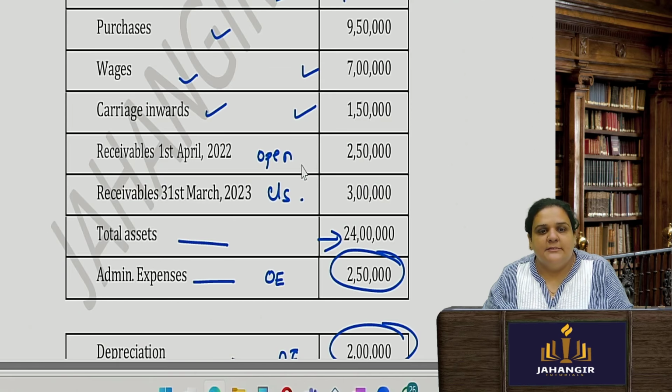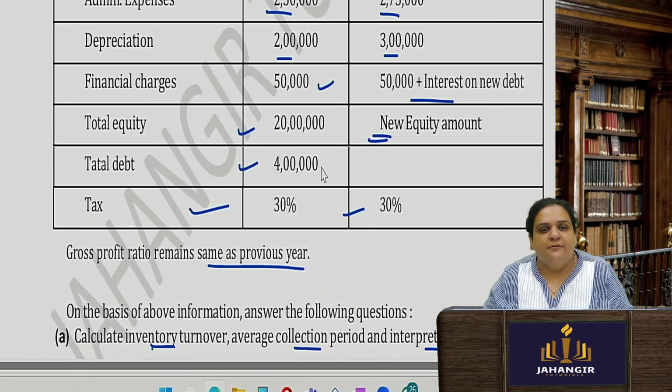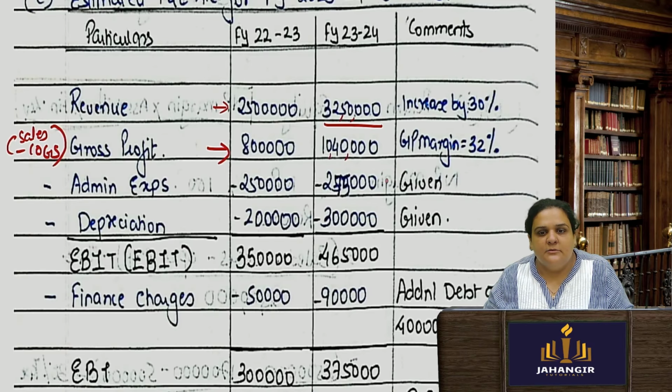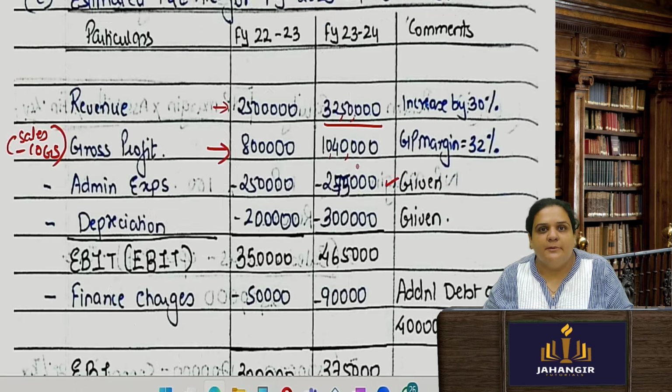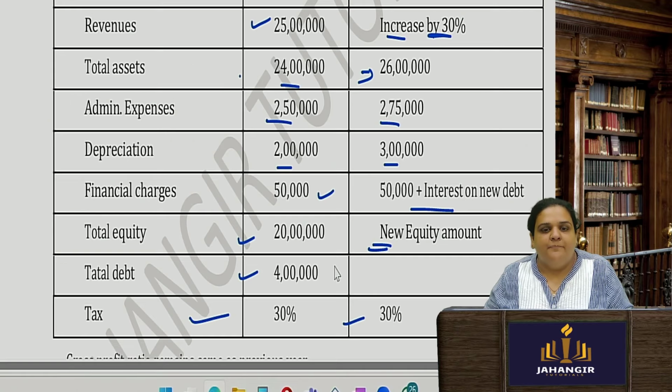Administration expenses, earlier it was 2,50,000, now it has become 2,75,000. This is given. Depreciation was 2 lakhs, now it has become 3 lakhs, this is also given. So my EBIT, earnings before interest and tax, earlier it was 3 lakh 50, now it is 4 lakh 75.